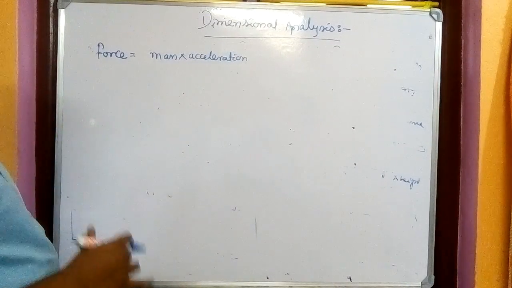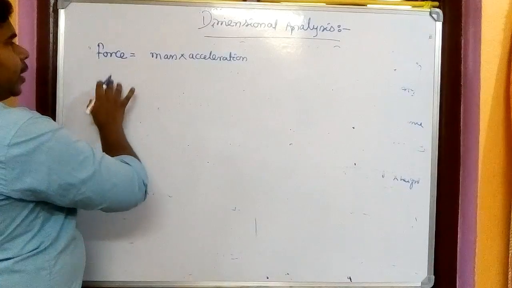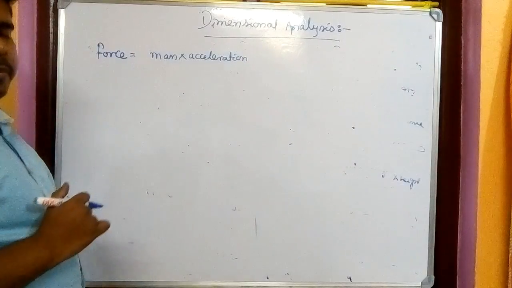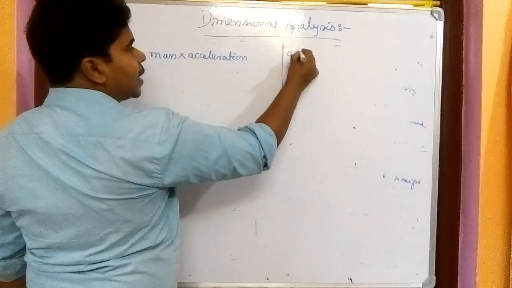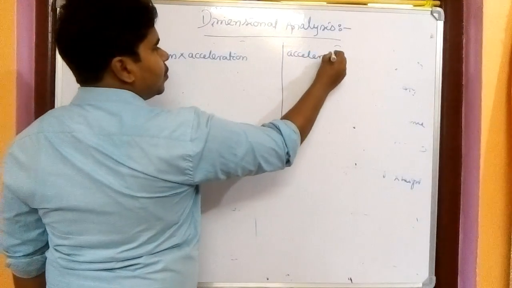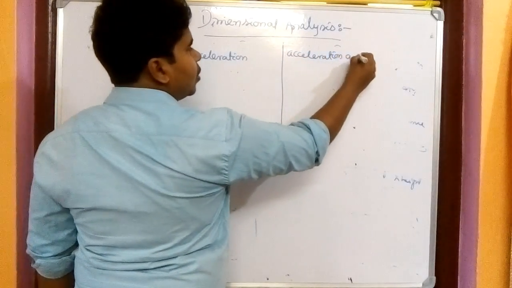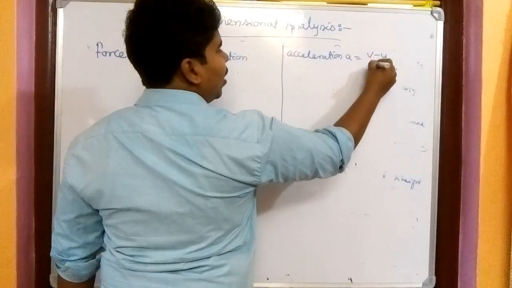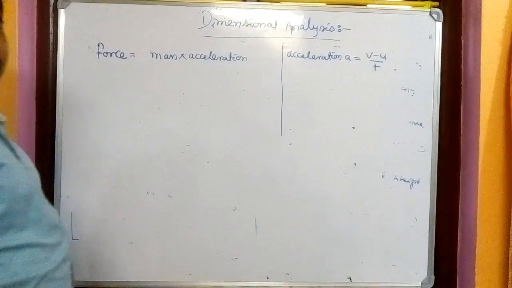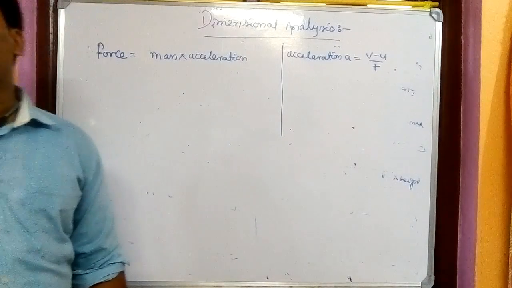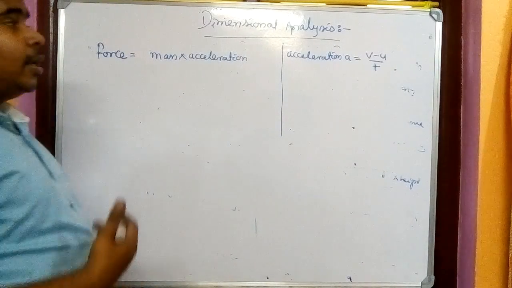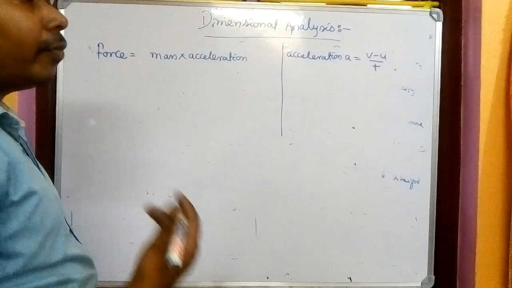We have to come step by step now. To find the dimension of force, we need to find the dimension of acceleration. Acceleration a equals v minus u by t, that we have learned earlier in class 9. Acceleration is the rate of change of velocity.